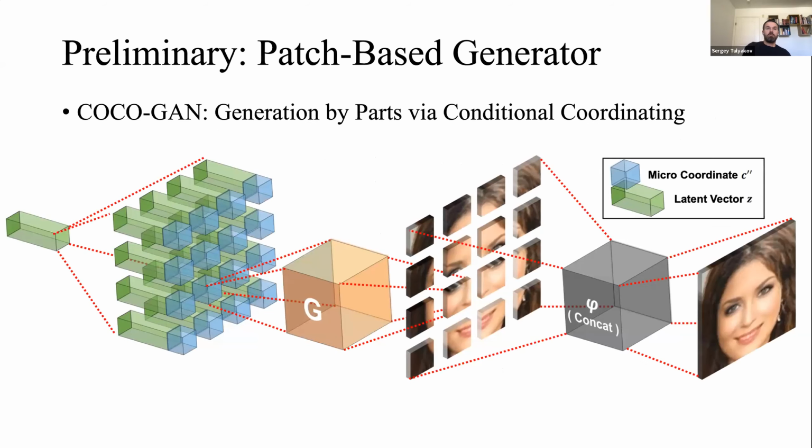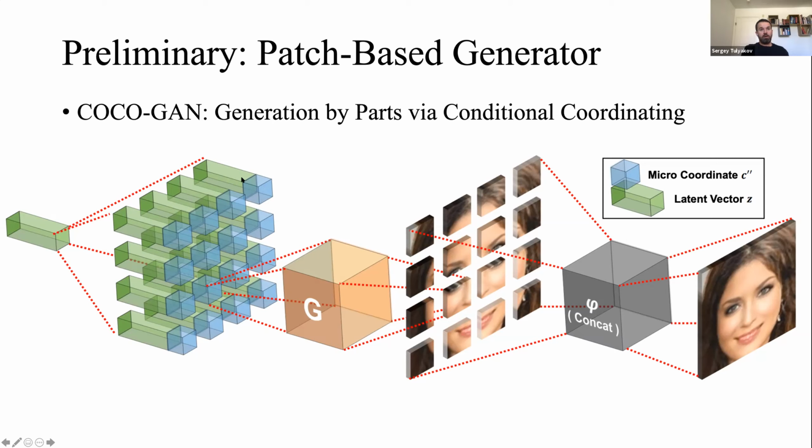Before we dig into this work, I wanted to introduce another work. Maybe some of you have read this interesting paper, CoCo-GAN. Basically, they try to generate images by patches. So how to do that? We sample some latent, then we can spatially extend this latent and augment each latent with coordinate conditioning.